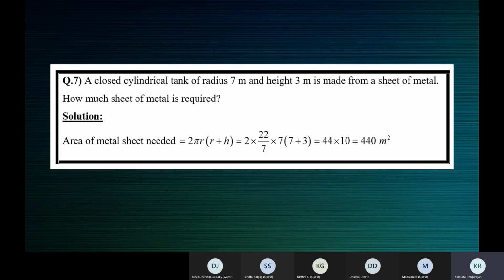So the area of metal sheet needed will be 2 pi r into r plus h, because you have to find the total surface area. Why total surface area? Because it's a closed tank.